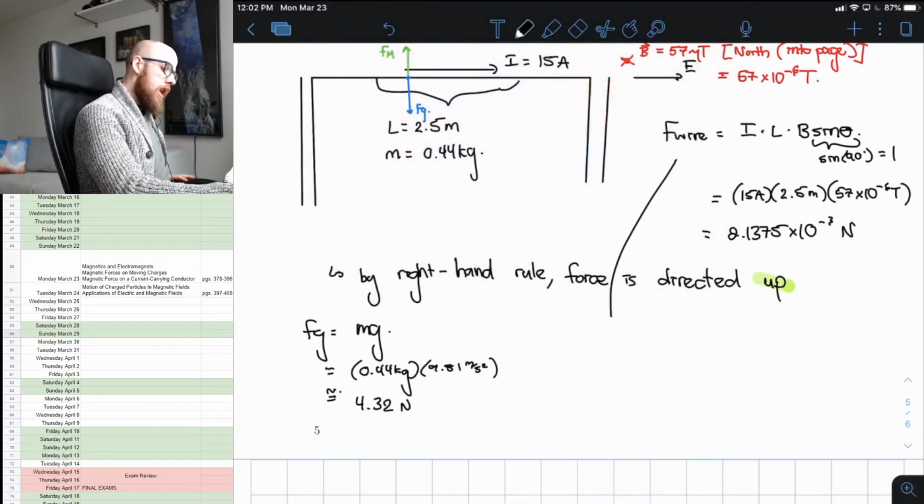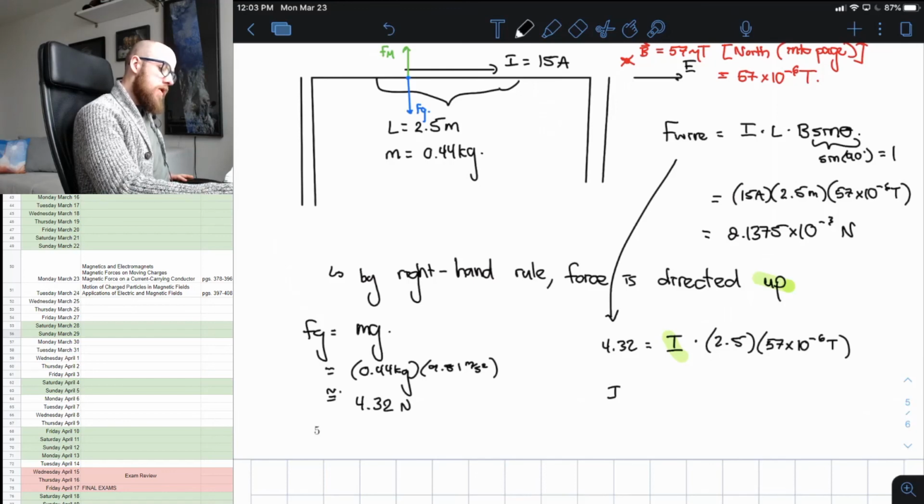Let's see what current we would need. If we wanted the force exerted on the wire to equal 4.32 newtons and left the current blank, on the same 2.5 meter length of wire in the same magnetic field of the Earth, 57 microtesla, let's figure out what the current would have to be.